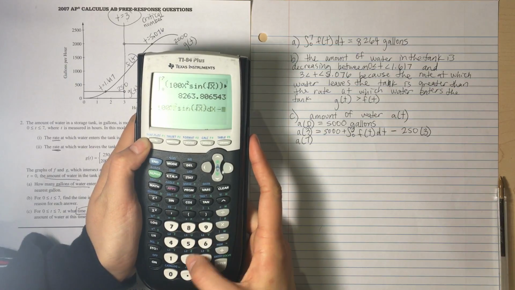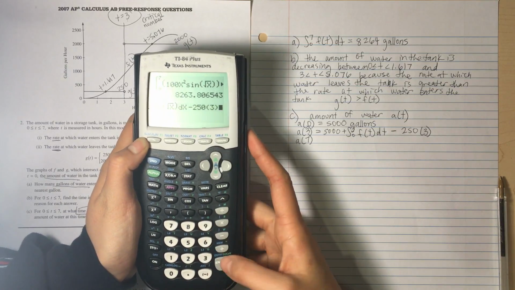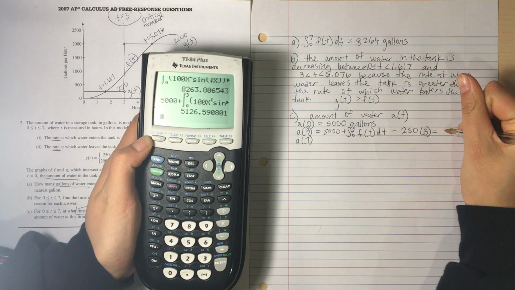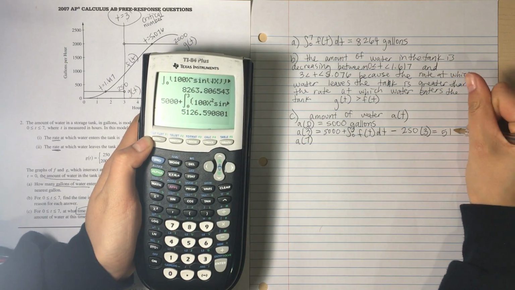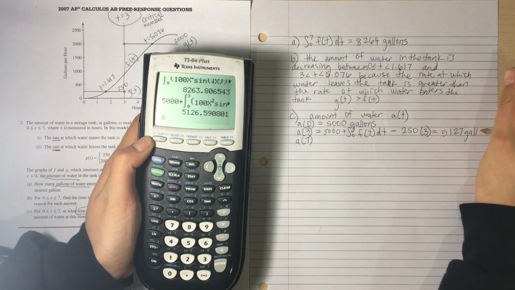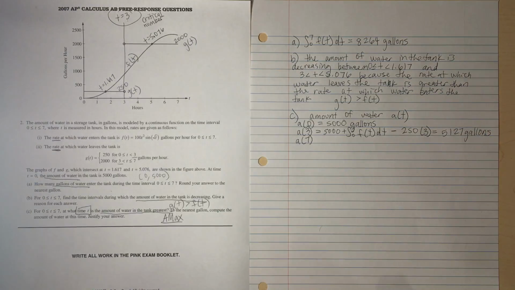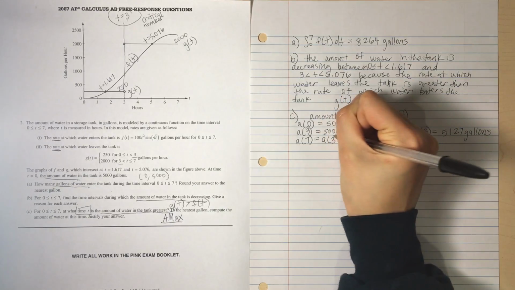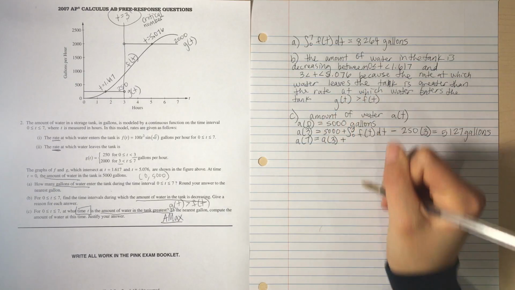Now subtract 250 times 3. The answer, rounded to the nearest gallon, is 5,127 gallons.